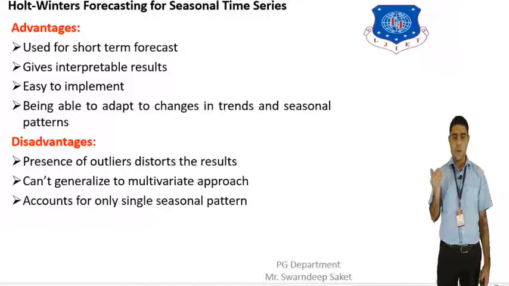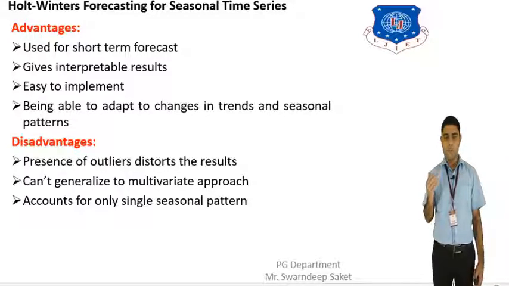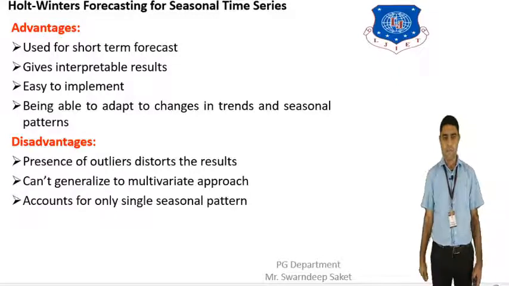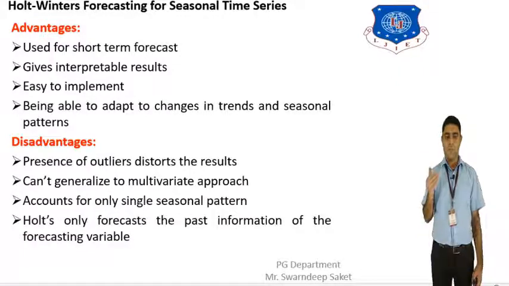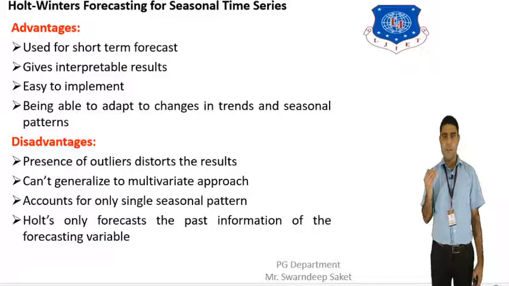Third, it accounts for only a single seasonal pattern, not multiple seasonal patterns. Fourth, Holt-Winters only forecasts from past information. The system takes the past information and predicts what the output of that data will be, using forecasting techniques like quantitative or qualitative forecasting models.